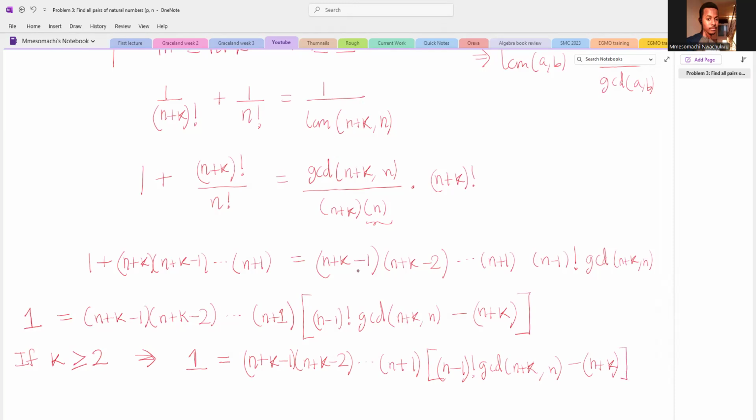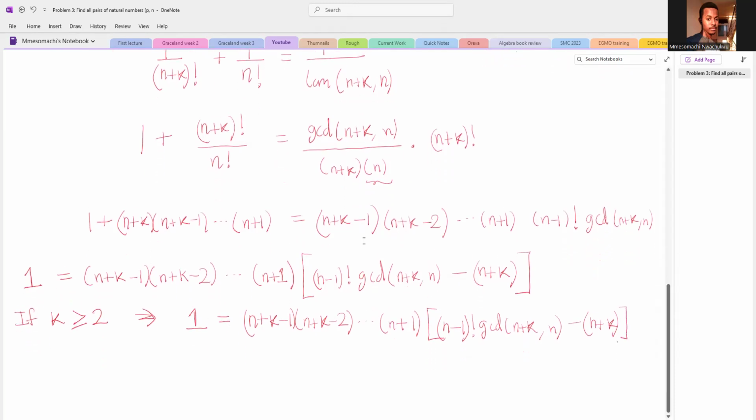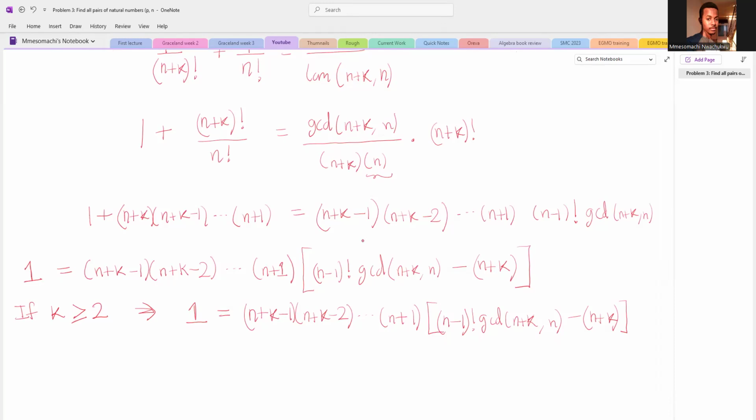Okay, so what we would have here, so let me scroll, would have that this number, n plus k minus 1 up to n plus k times n plus k minus 2 up to n plus 1, this number will divide 1.